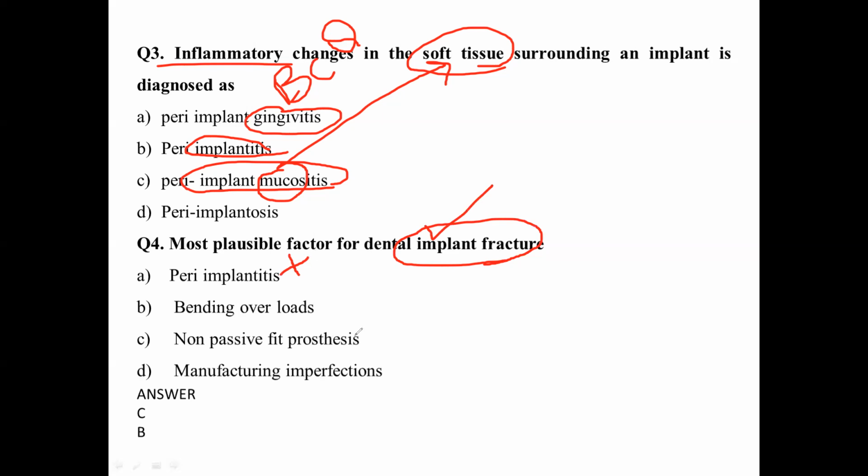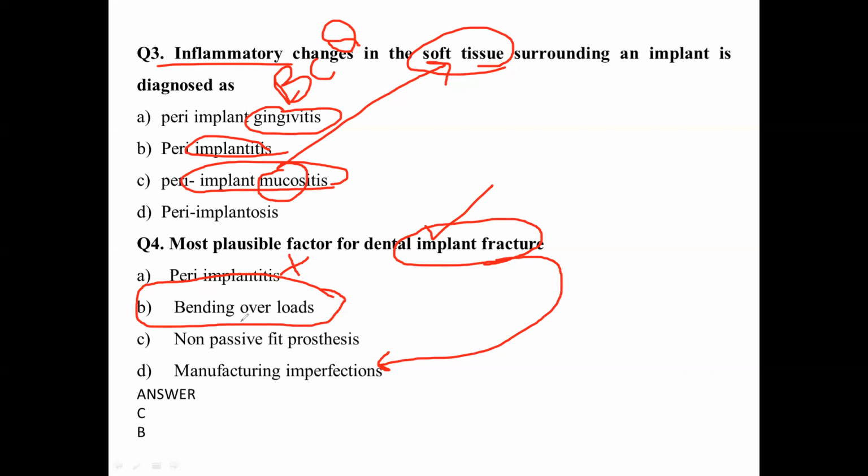Non-passive fit prosthesis, manufacturing imperfections. Implant fracture is least caused by manufacturing imperfections. That is mostly caused by loading. When a dentist is loading an implant, that mostly affects the implant life.